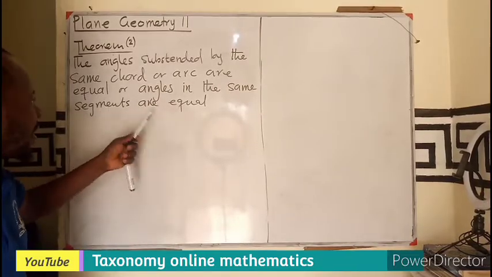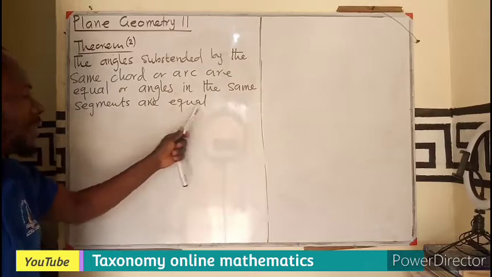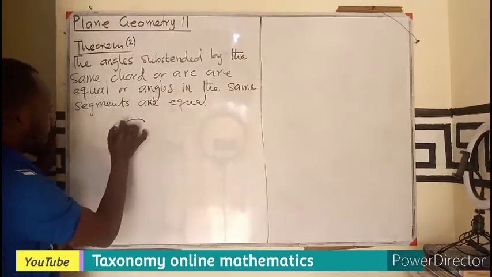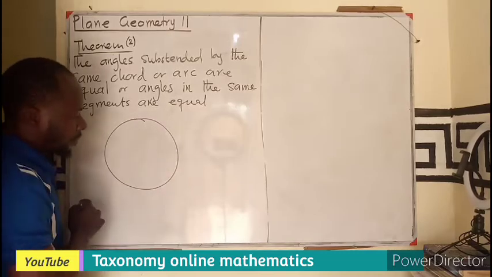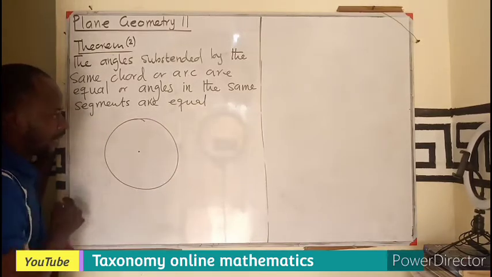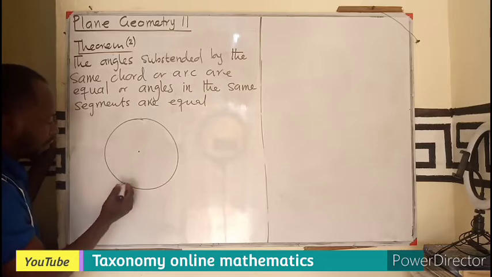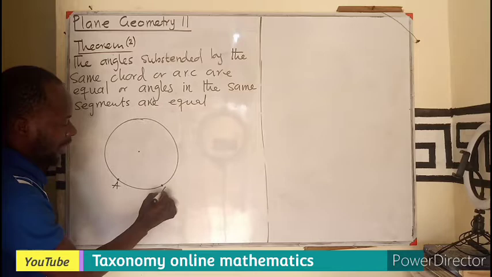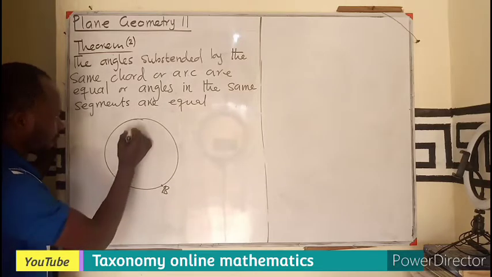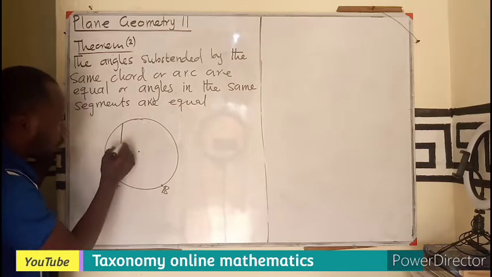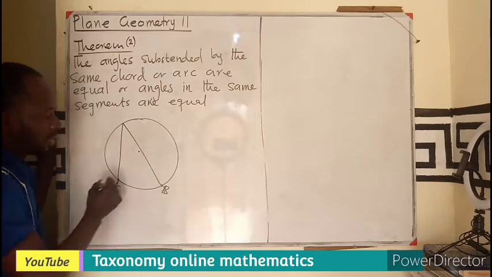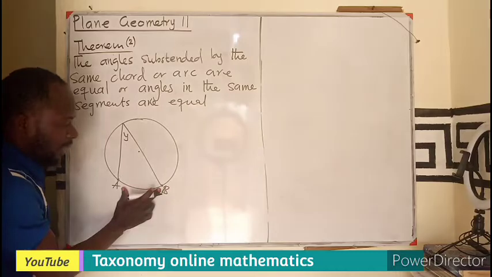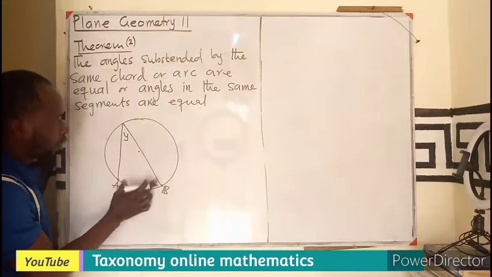In other words, we can say that angles in the same segment are equal. So if you have your circle where the center is here, and you have a point A and a point B, if this is joined to make an angle, let's say this angle is Y. This is the same chord that is producing this arc.